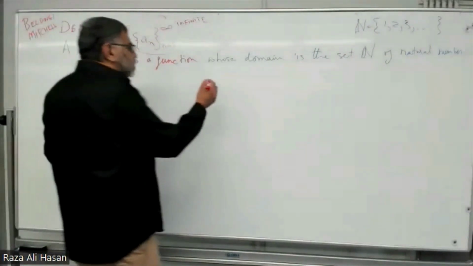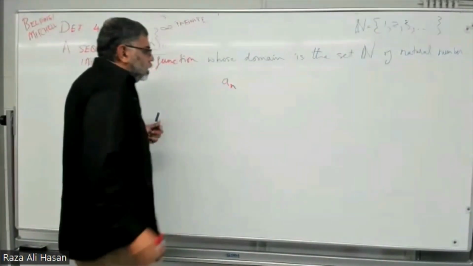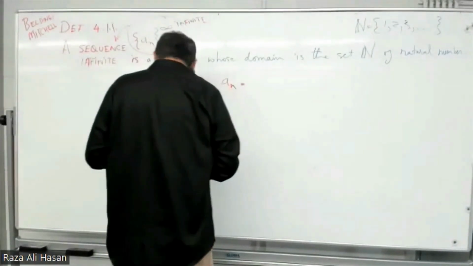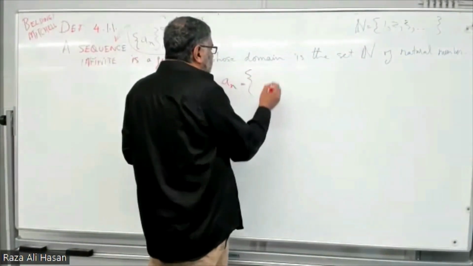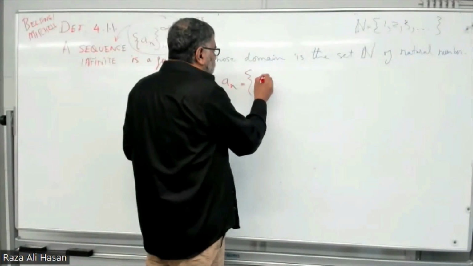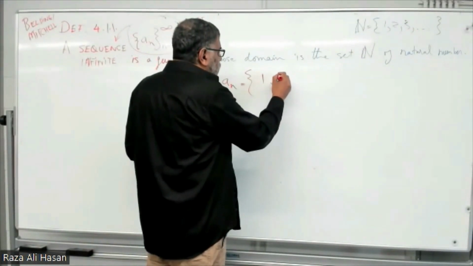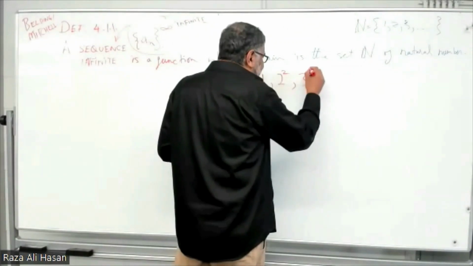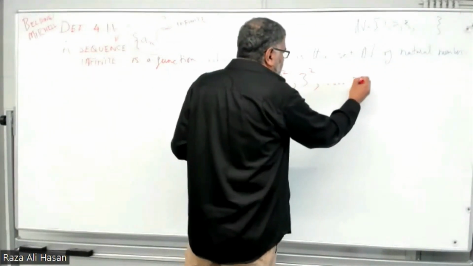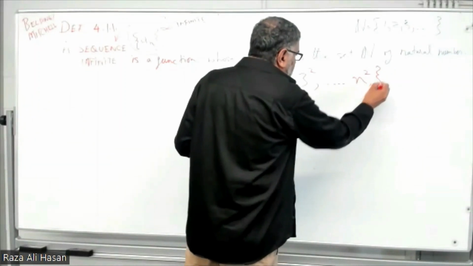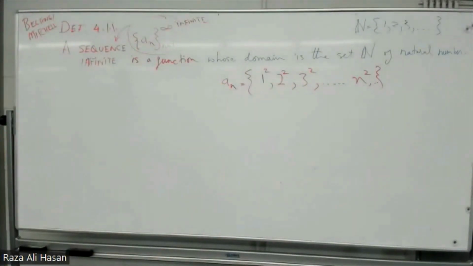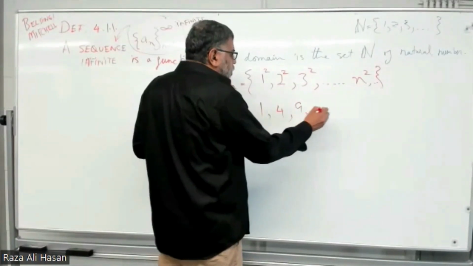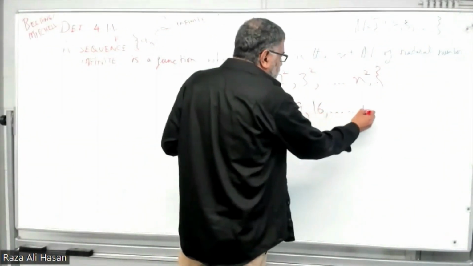So we have a_n, and let's say 1, 2 squared, 3, and I did the 4 finally.